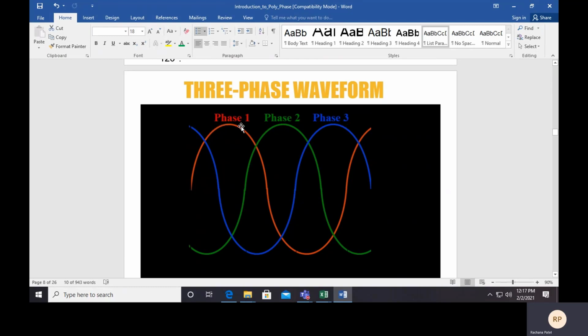The second occurrence is for phase 2, and finally phase 3 reaches the positive maximum value. So guys, when we analyze any three-phase system, we should take care of the phase sequence. The phase sequence is nothing but the sequence in which each voltage gets its positive maximum value. For this, we can say our phase sequence is phase 1, 2 and 3.